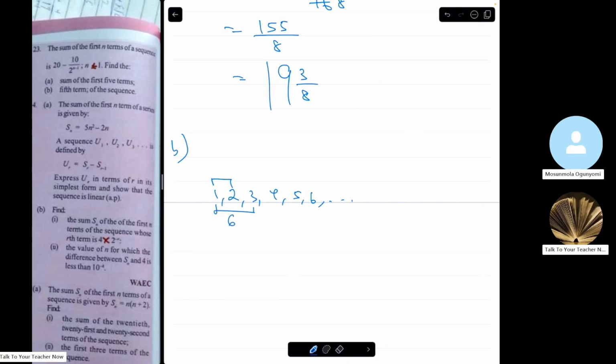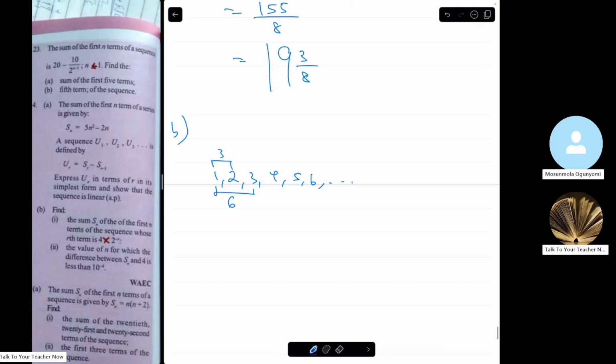What's the sum of the first 2 terms? First 2 terms. Can't you see them?